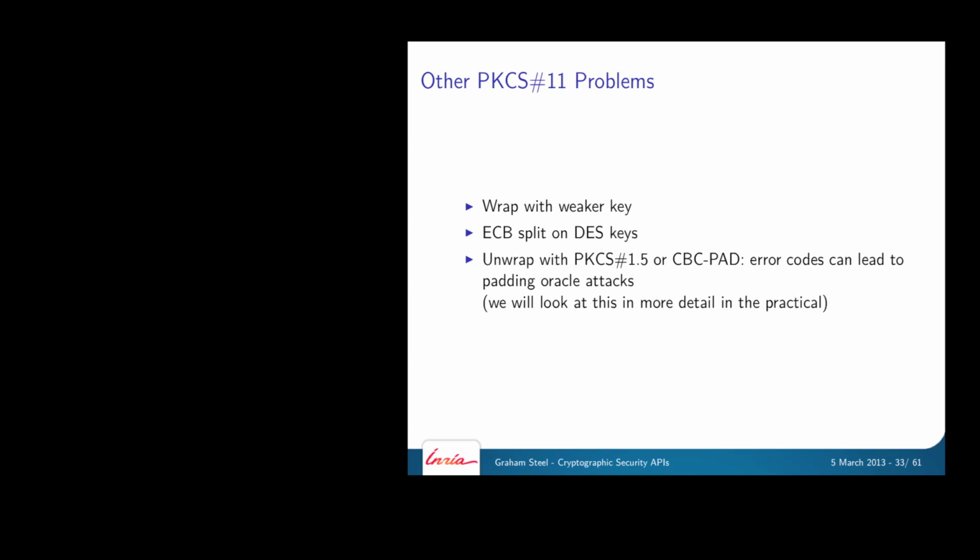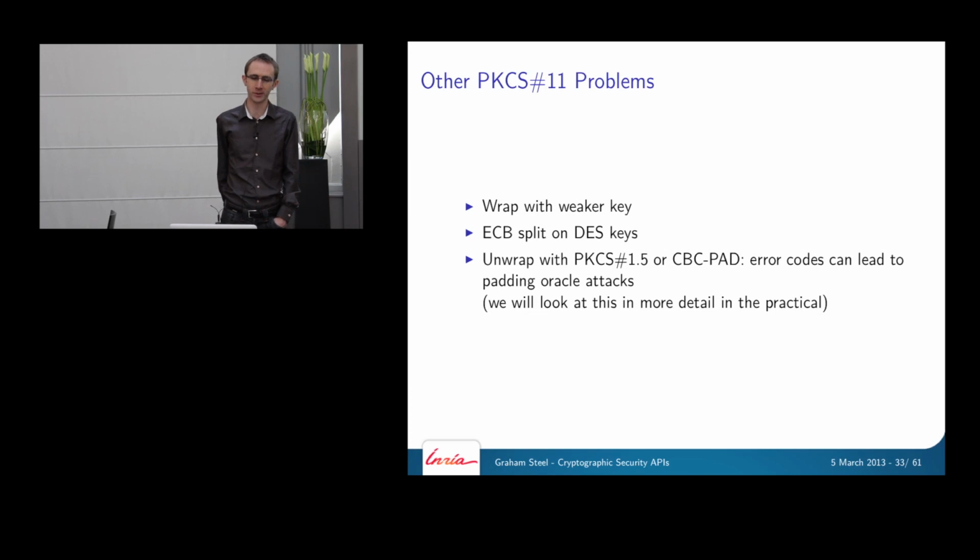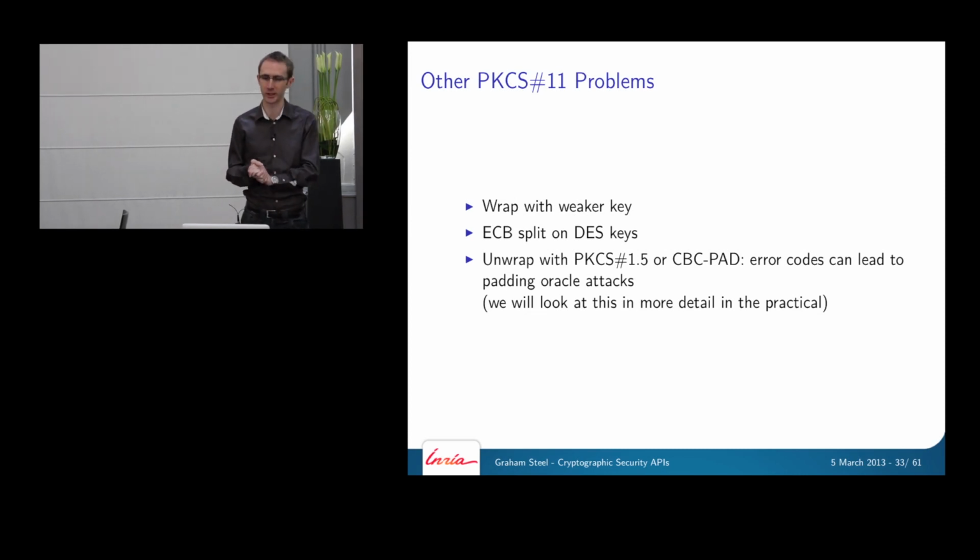And there are even more problems. So the PKCS11 API supports a whole bunch of different cryptographic algorithms. You might have a very long key that you've chosen to be resistant to quantum computing, and it's very big. But PKCS11, as it's specified, won't prevent you from wrapping that key using a much weaker one, right? So now you've reduced the secrecy of that key to the secrecy of the wrapping key, which might be much weaker, like a single DES key or something.